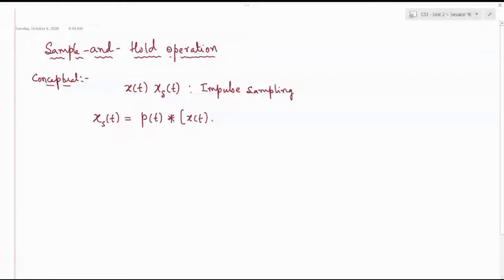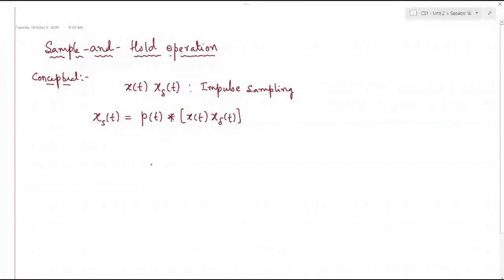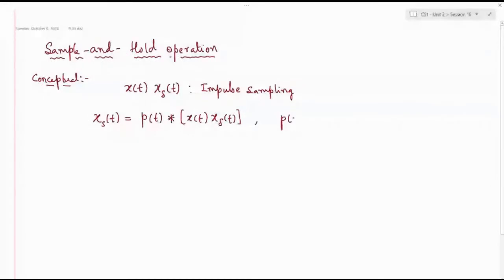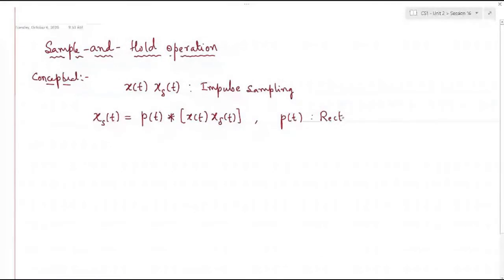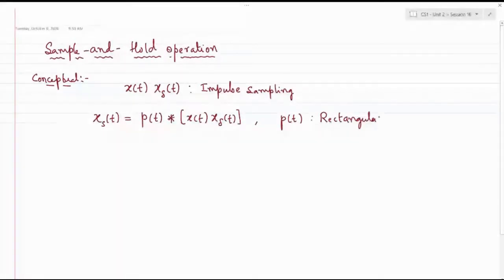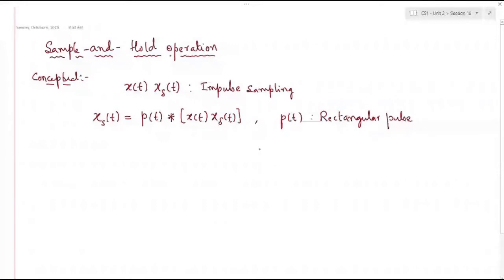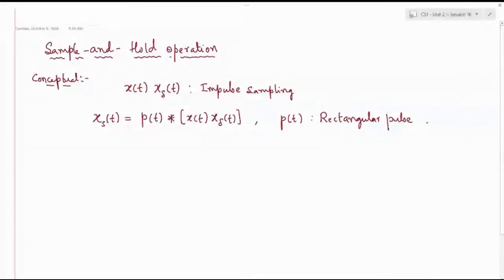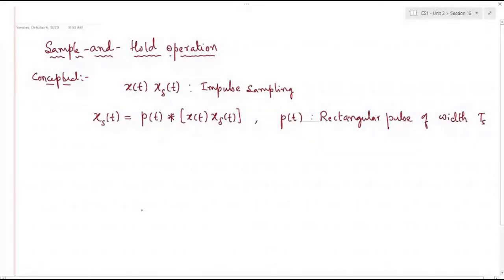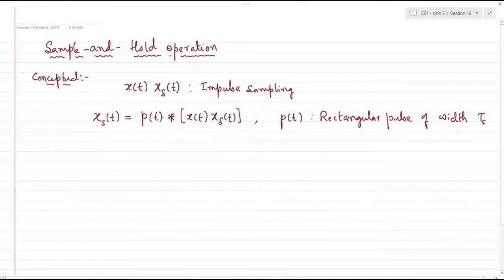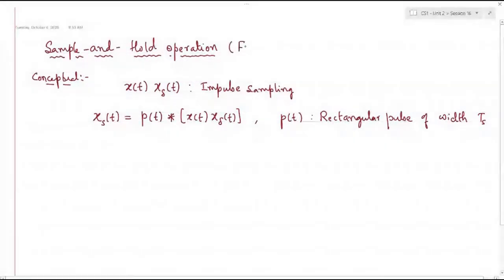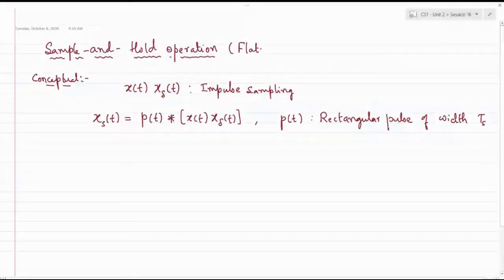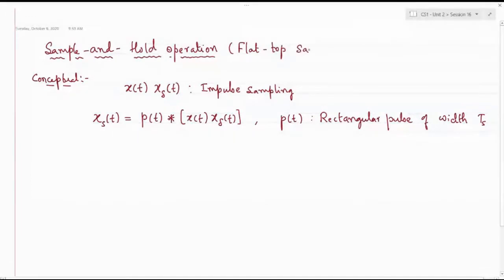Here p of t is simply a rectangular pulse of finite duration Ts. This will result in flat top samples.